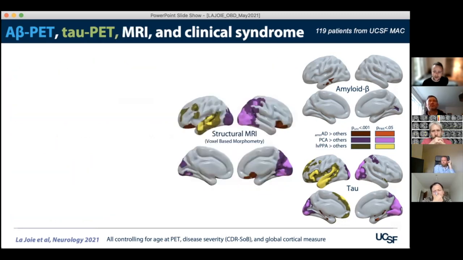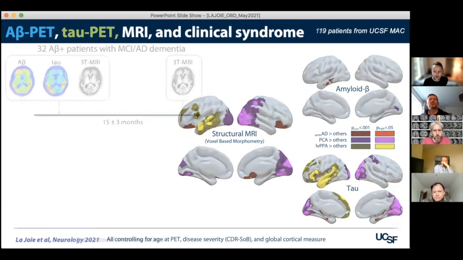And when we looked at structural MRI using voxel-based morphometry, nothing crazy about the method here, we do see that the pattern of tau really seems to mirror the pattern of structural MRI. And that actually leads me to another study that we did that tried to investigate a little more the relationship between tau and structural MRI.